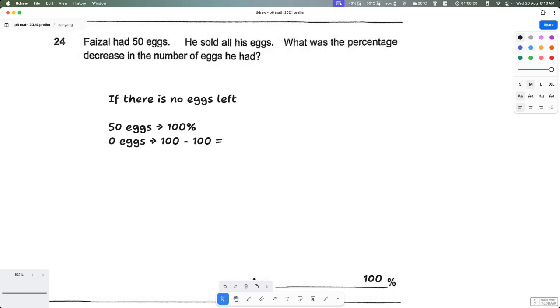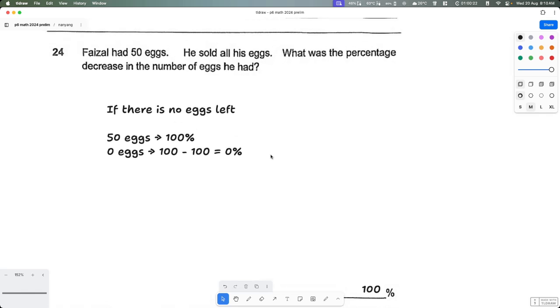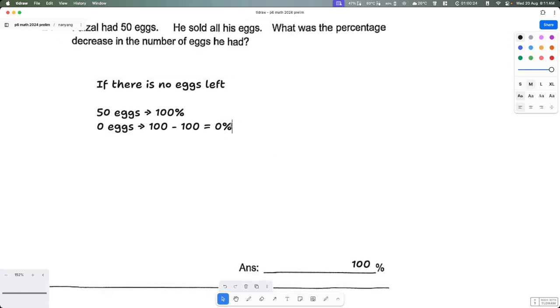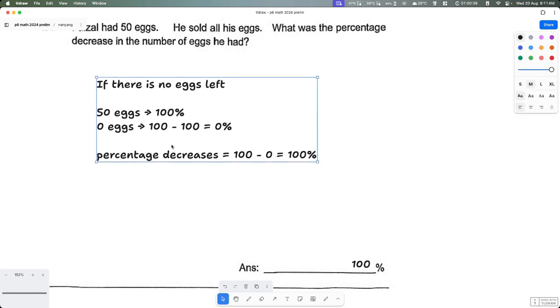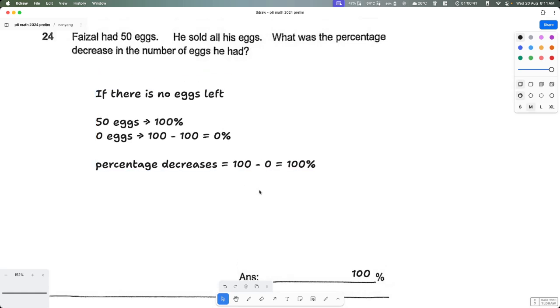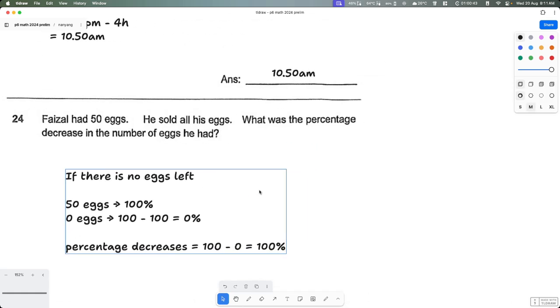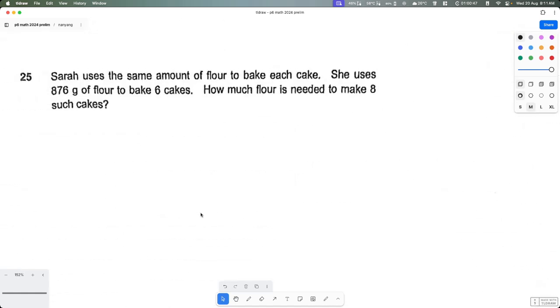Yeah, a bit shocked to hear this. So percentage decrease is equal to 100 minus 0, equal to 100%. Okay, sure. Let's move on to the next question.